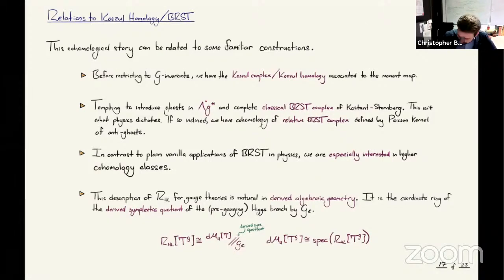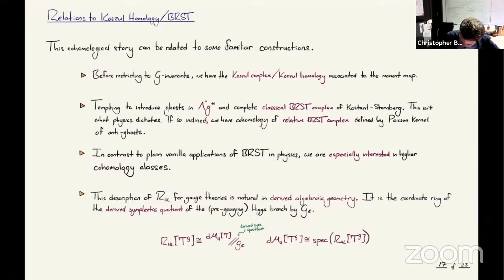But what's going on here is this Koszul complex that I'm introducing is really the derived critical locus associated to the moment maps. And then I'm taking the G invariants, and you could phrase that in a more derived way, but it doesn't get you anything.